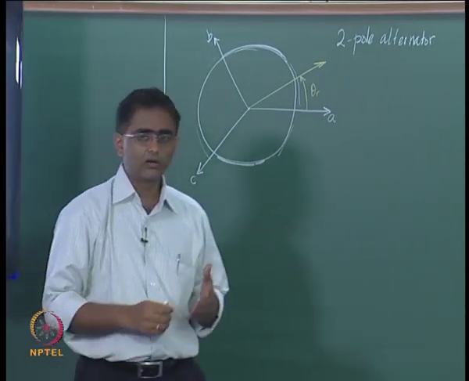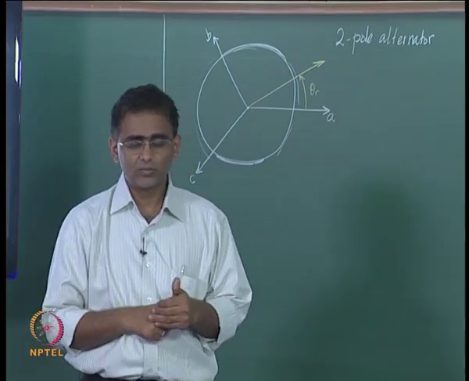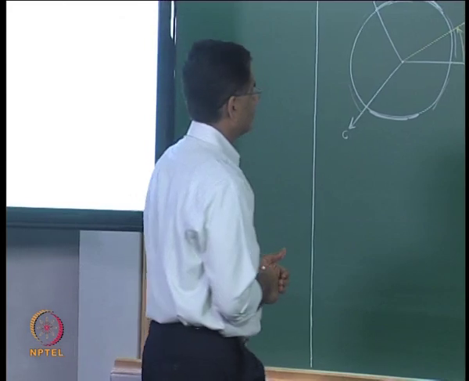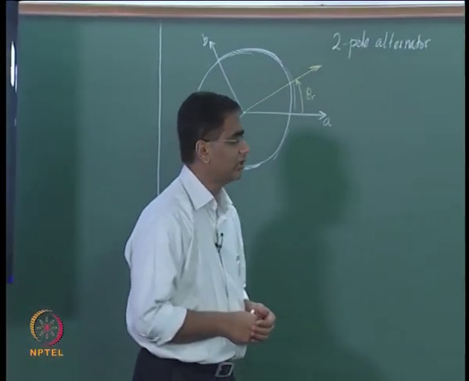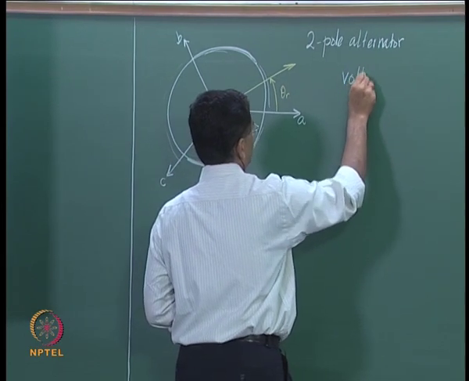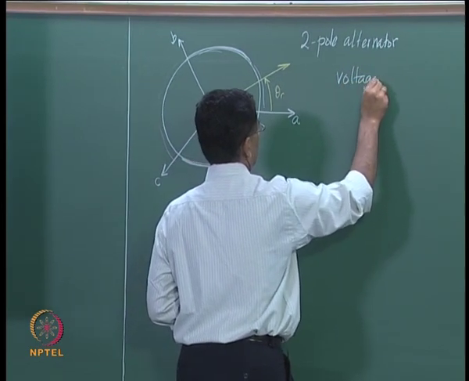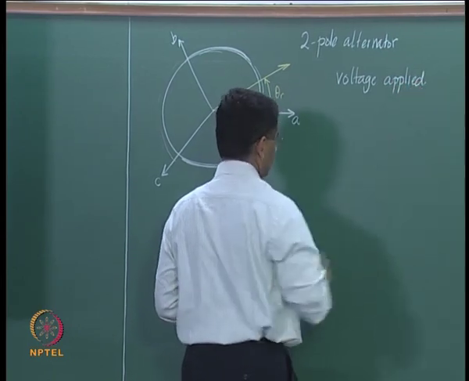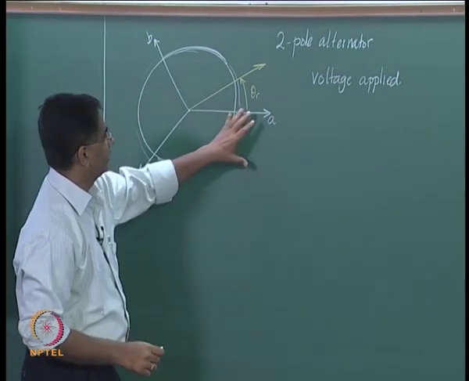Now, we need to write down equations that describe the behavior of this machine. So, as before, what we need to start out with is the voltage equation. We need to write down expressions for the voltage that is applied to the machine, and there are 3 phases.